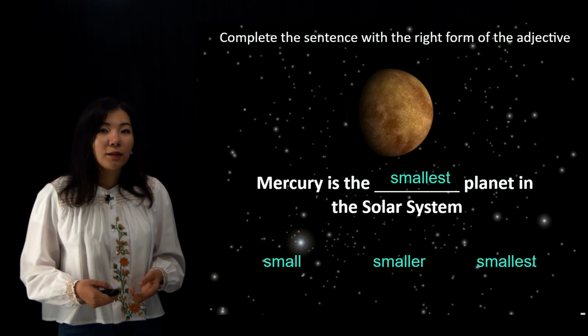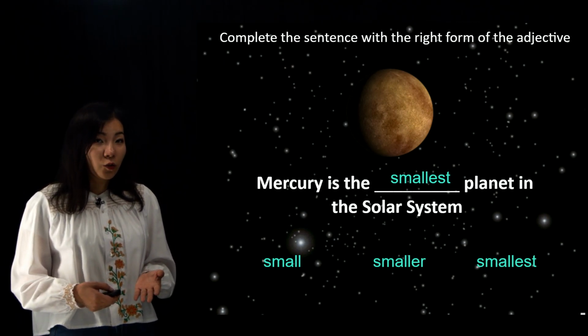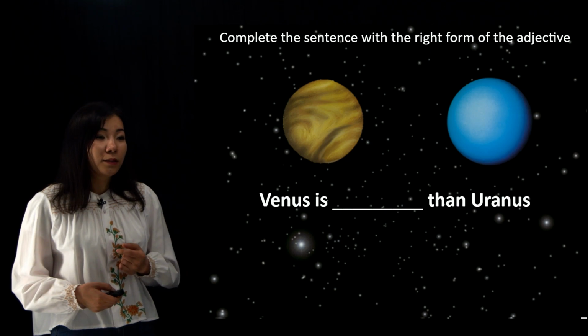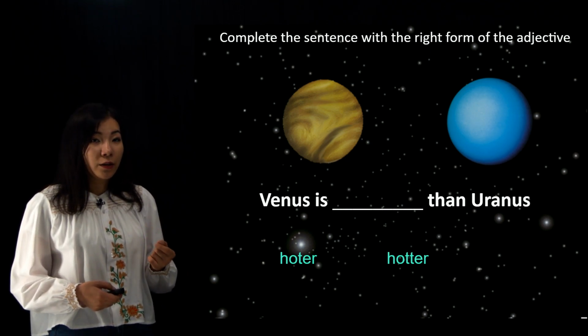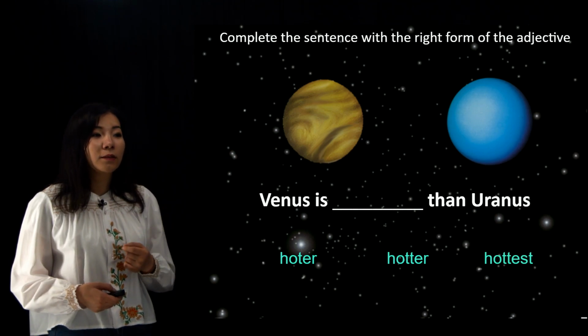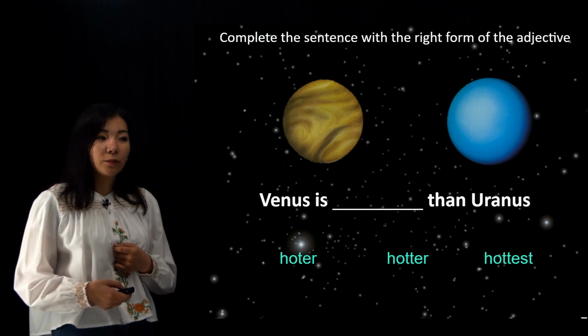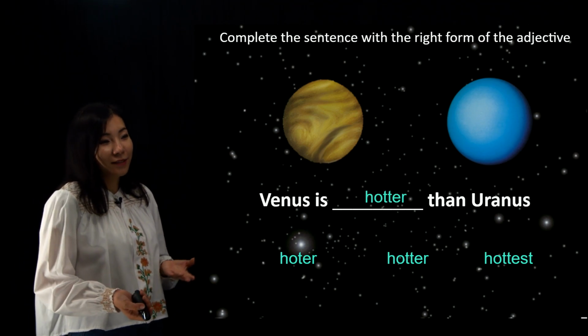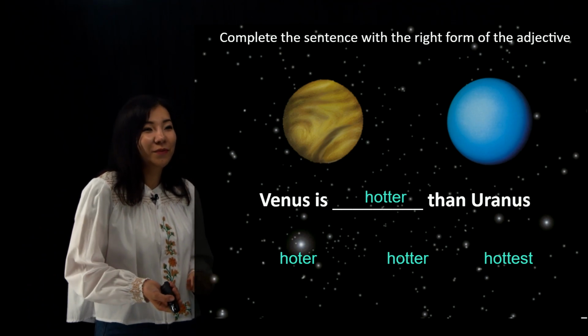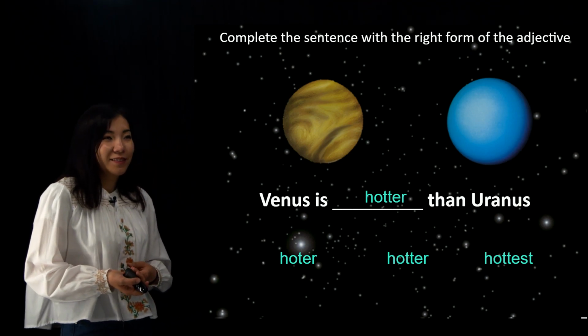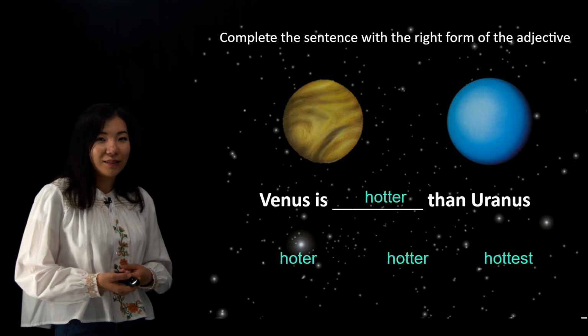And the last one: Venus is hotter or hottest than Uranus. So Venus is definitely hotter than Uranus, right? Because it is the first planet in the solar system.